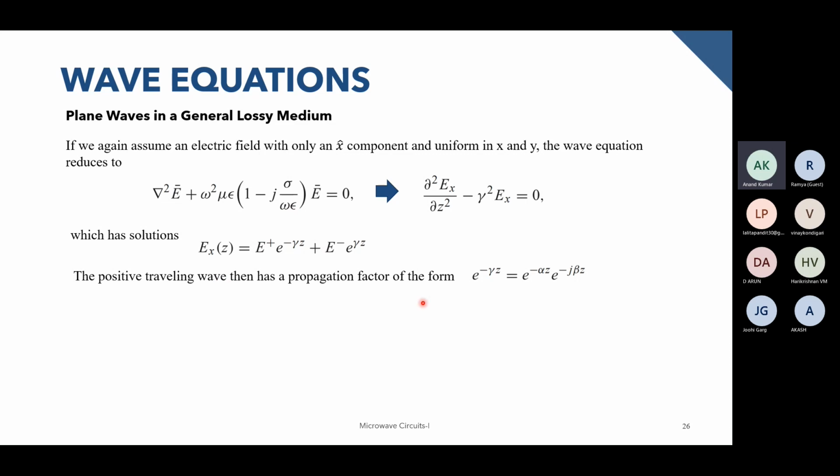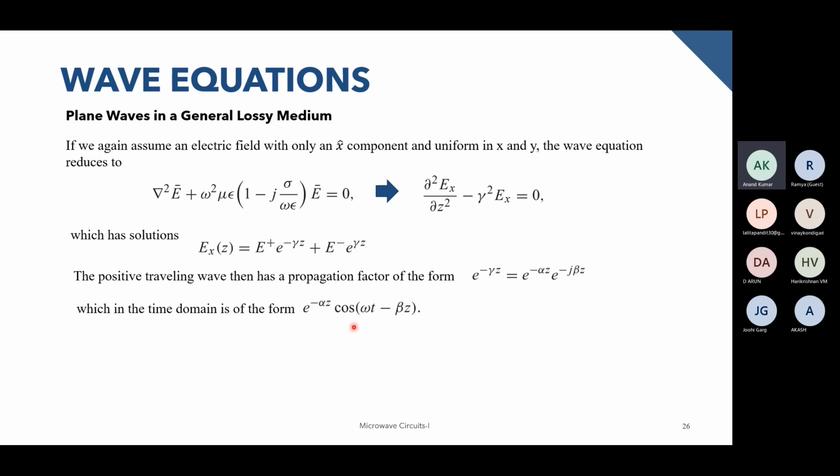And now we know that the wave propagating in the positive direction is given by the term which has e power minus gamma z, and we can again substitute gamma by alpha plus j beta, and we end up with two e power terms.